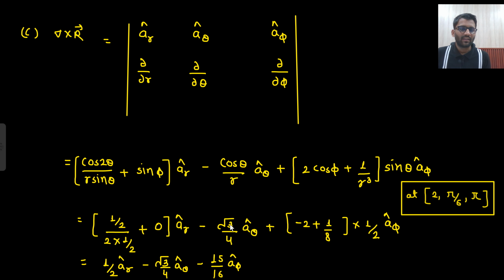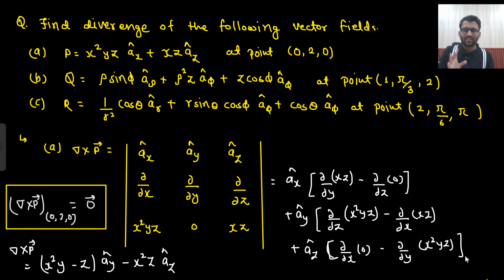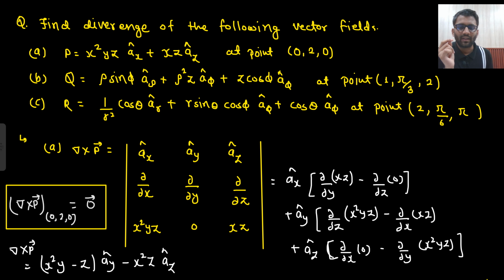So how I will think: dr, r d theta, r sin theta d phi, and then I will write down here 1 by r square sin theta. Okay, and then I will write down the terms. So first term will come as it is, 1 by r square cos theta, that will come as it is. In the second one, r will be multiplied, so r square sin theta cos phi.